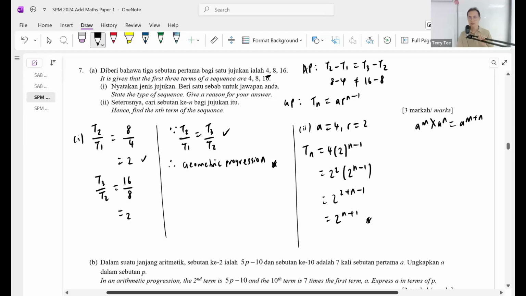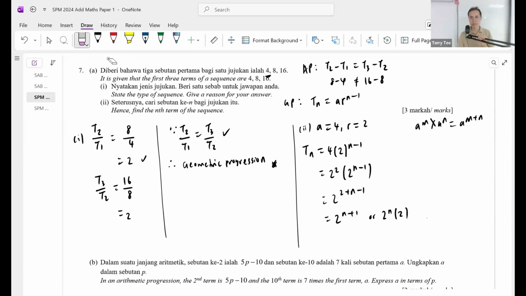So we can leave it like this. By the way, you can also write your answer as 2 to the power n times 2, or 2 times 2 to the power n. It's not an issue if you write 2 times 2 to the power n.